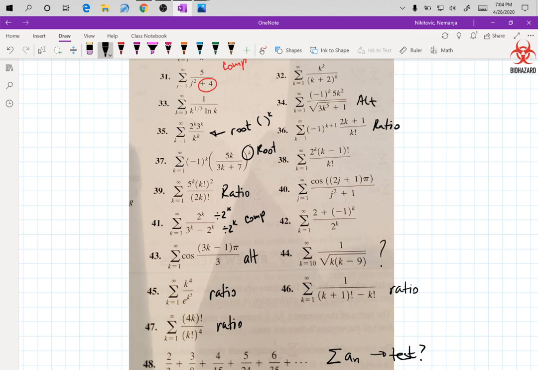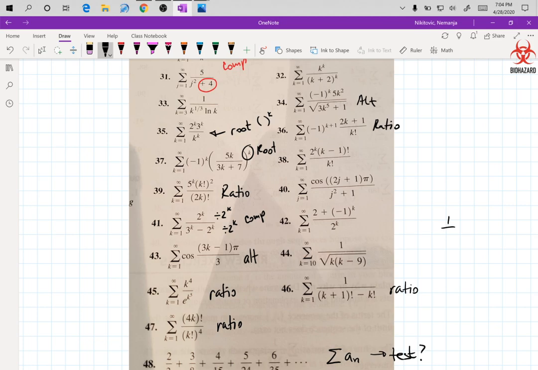And what's happening with 44? Let's take a look at 44. So, see, this is where I work out algebra in my head.